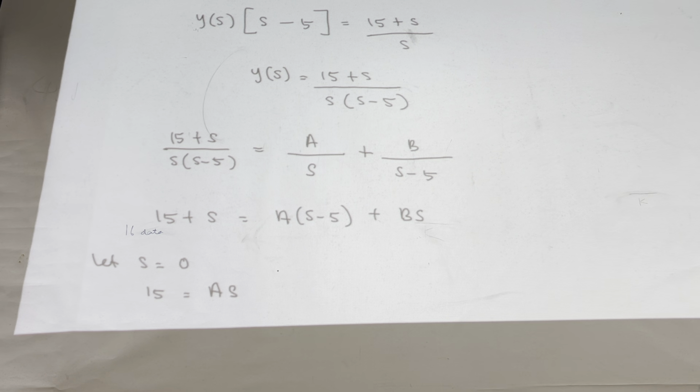Saya dah confuse lah s dengan 5. Sorry. Padam balik. s is 0, so 0 minus 5, minus 5. So what is A? Negative 3. A equal to negative 3.